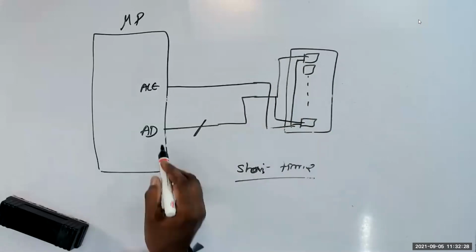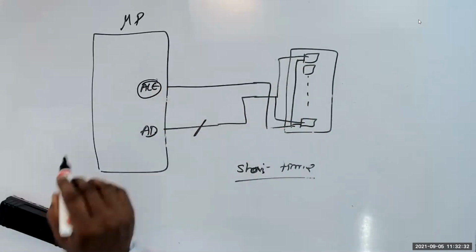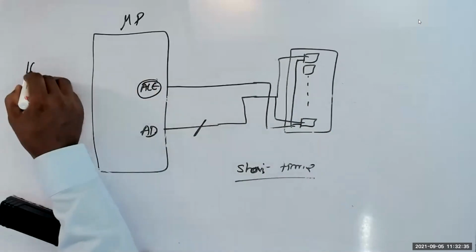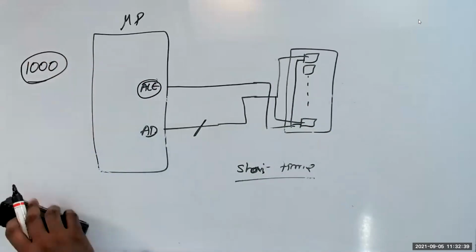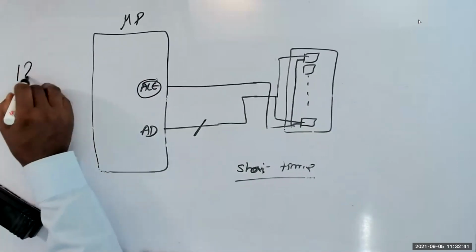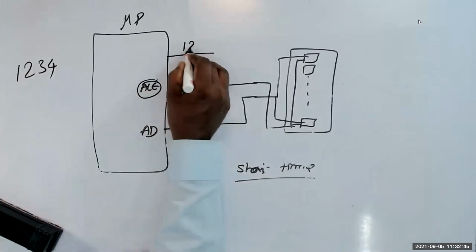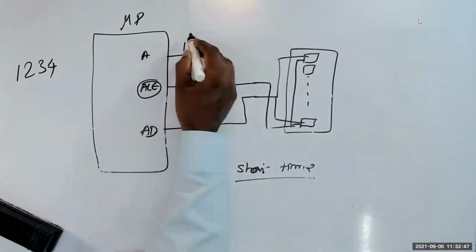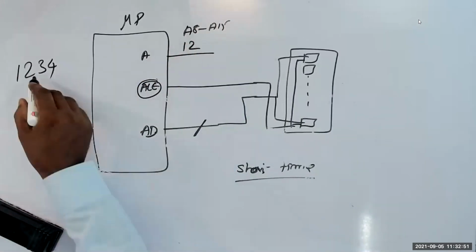You know one thing, when the microprocessor gives an address, let us say I'm giving an address 10,000. Let me put another easy number, 1234. What will I do here? I will put 12 at the upper address bus, that is A8 to A15. And I put 34 here.